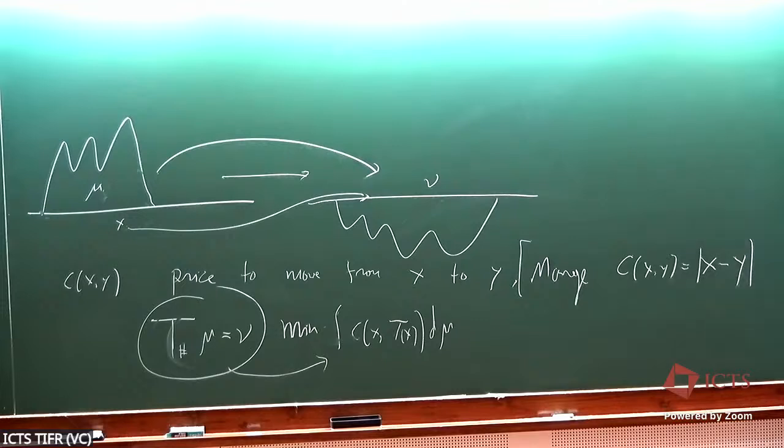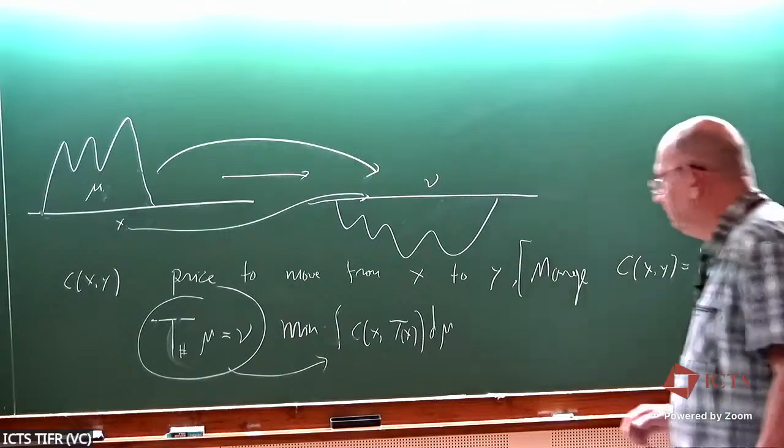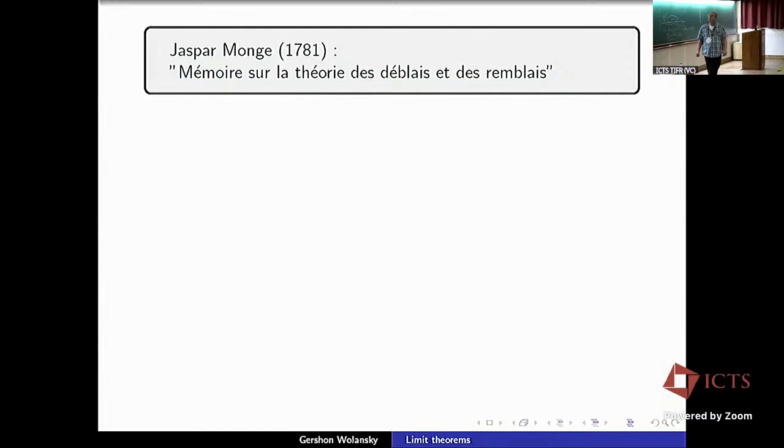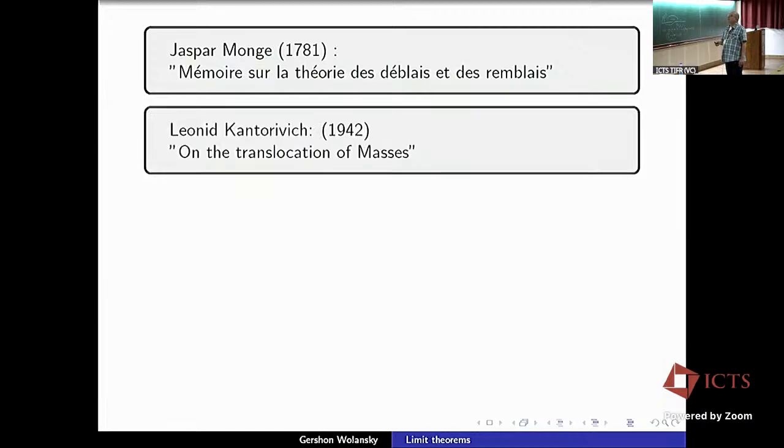Anyway, this was back in 1781. And then after some time passed, in 1942, Leonid Kantorovich published a paper on the translocation of masses.